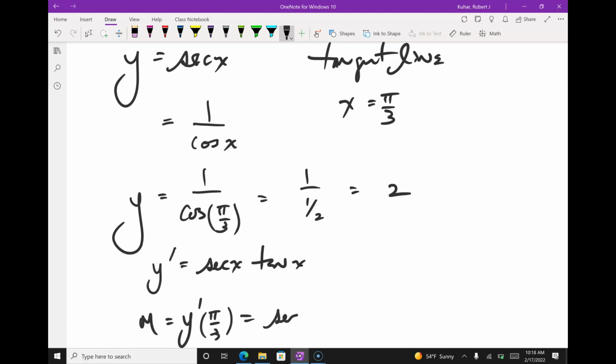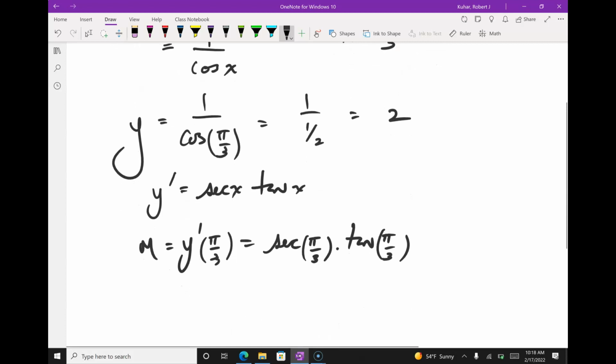So I get secant of pi over 3, which I already know is 2, times the tangent of pi over 3. So secant of pi over 3 is 2. We already figured it out. Tangent of pi over 3 is, I forget. It's root 3, right?